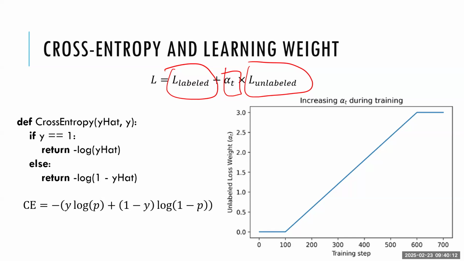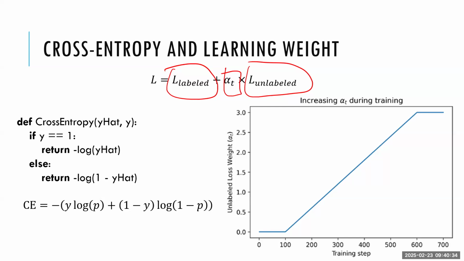So intuitively, when you start from the first run, the loss of your labeled data would be accurate, and the loss of the unlabeled data would be very inaccurate.